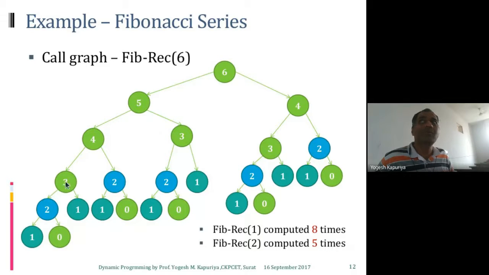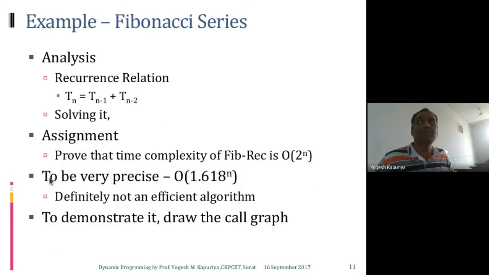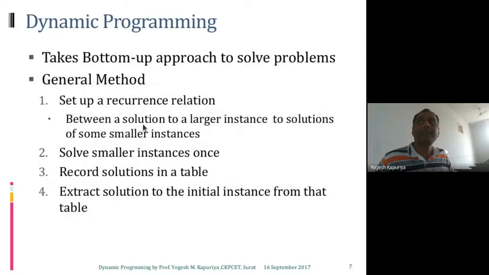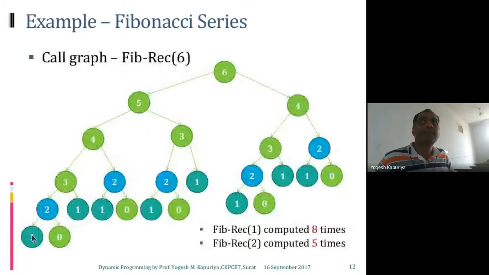This 4 will make a call to 3 and 2. 3 will make a call to 2 and 1. 1 will not make a further call because of this base condition. So it will simply return. That's why it is not making a further call.